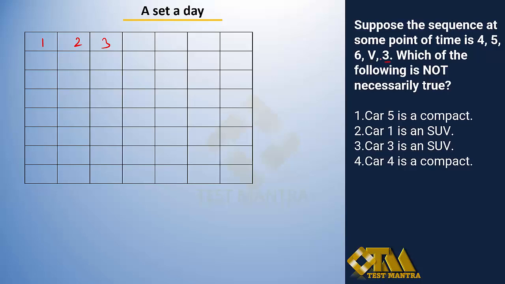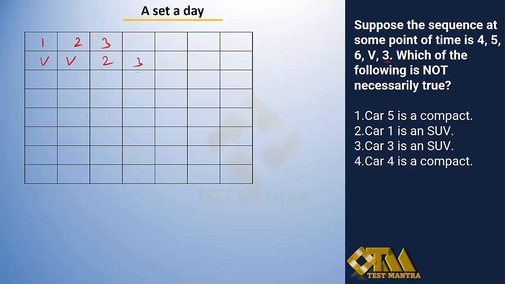Now I'm removing, so 3 cars were there, and finally I want altogether 1, 2, 3, 4, 5 slots. Suppose the first car is removed, it should be an SUV. Then only I can have 2 slots available here, 2, 3. I still need 1 more slot. That means now car number 2 should also be an SUV here.